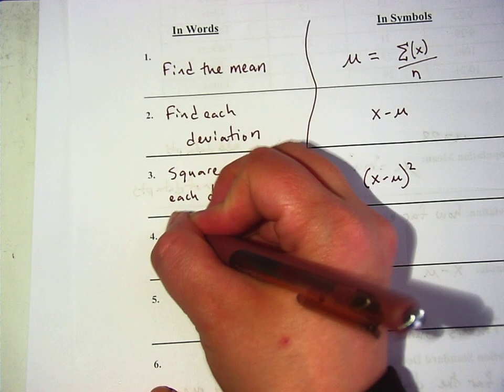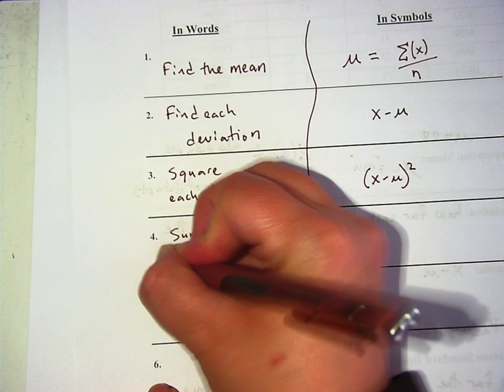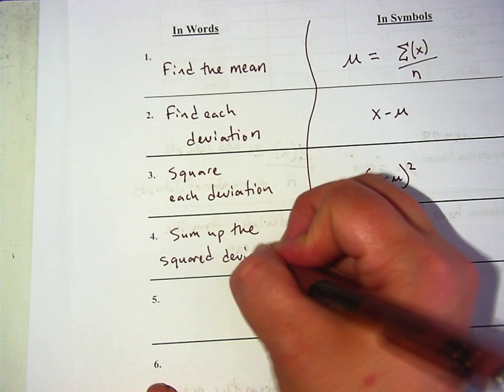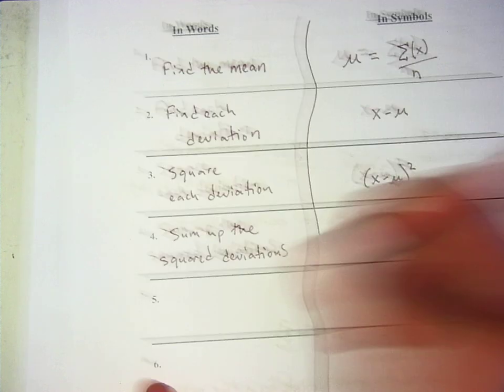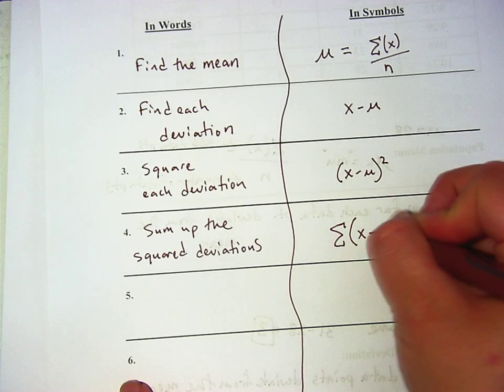Over here, I'm going to write sum up the squared deviations. And to show that mathematically, I'm going to put a sigma x minus mu squared.